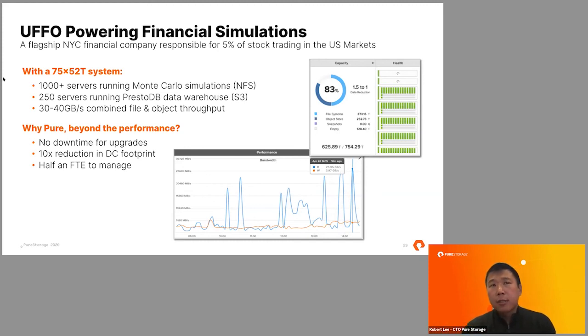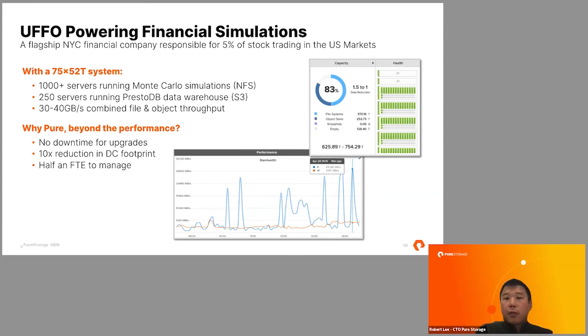Because of all the elements we've just covered, whether it's the platform layer or the core processing layer, they're able to get a tremendous amount of performance, but more importantly, deliver a very simple end user experience, right?